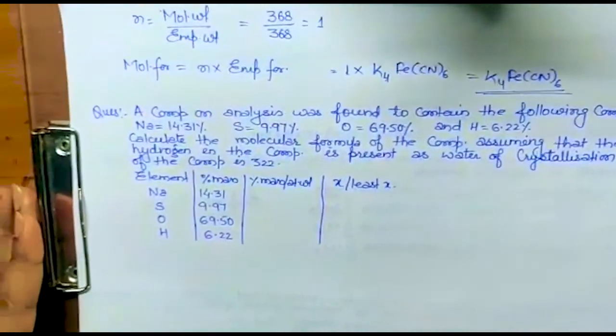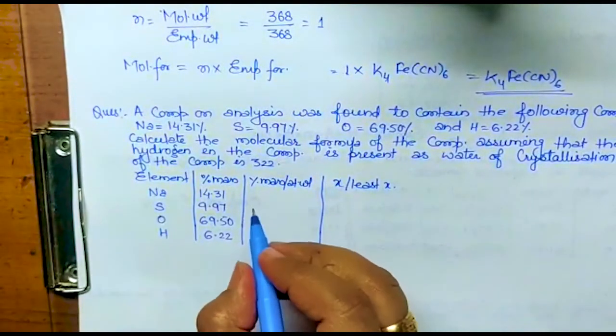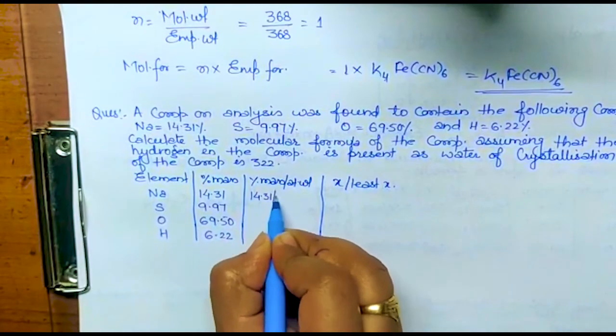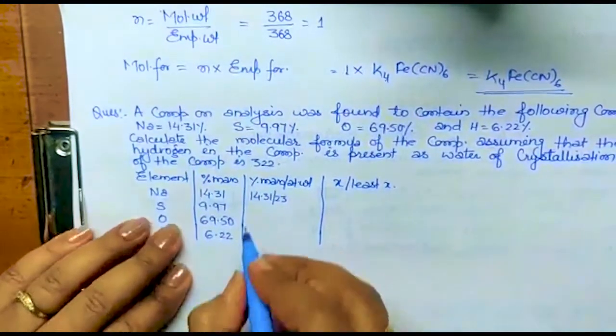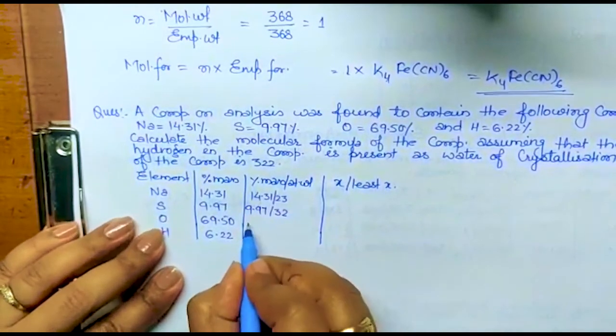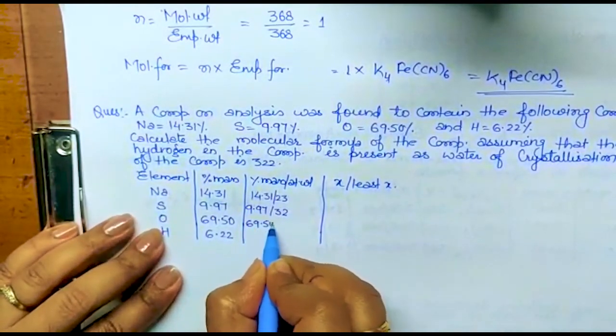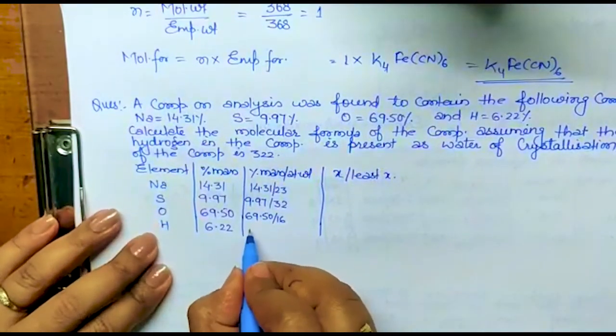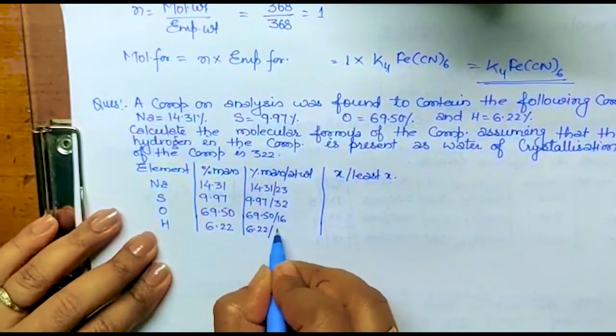So what next you will do? Just divide. So this is 14.31 divided by 23, isn't it? 9.97 divided by 32, 69.50 divided by 16. We are dividing by atomic weight. Yes, hydrogen is 6.22 divided by 1.